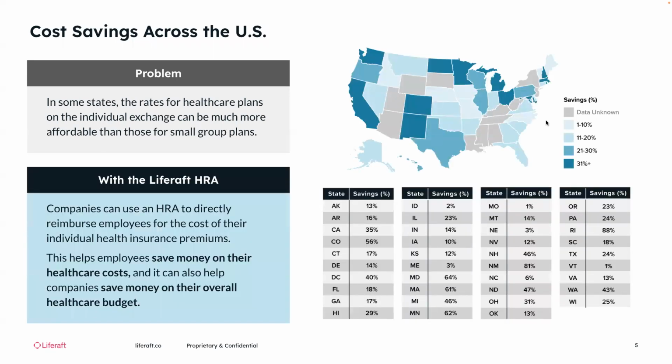If you look at this data, some of the states where we've seen really big cost differences include Minnesota, Massachusetts, Maryland, right? In Minnesota, a similar plan will cost an individual 62% less through the individual market than it will through a group plan.